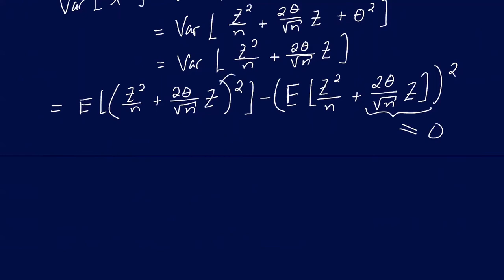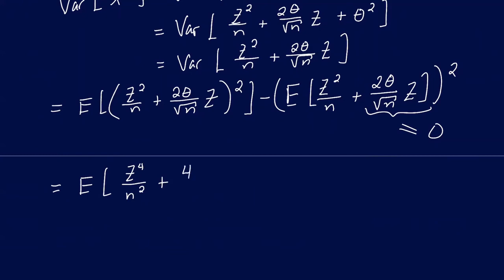Okay, so now I am going to square this out. I am going to end up with a z to the 4th. I'm not afraid of that, but I just didn't want to have to take a 4th power of that original term. This is the expected value of z to the 4th over n squared plus 2 times 2 theta over blah, blah, blah.